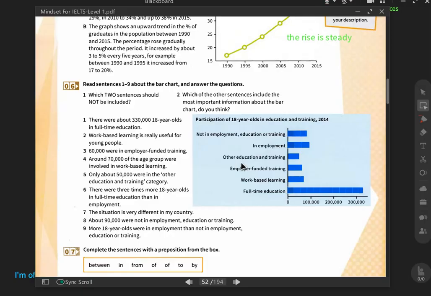Oh, really? Let me see. Participation of 18-year-olds in education and training, 2014. There were about 330,000 18-year-olds in full-time education. So full-time education. Why don't we need it? It's a figure. Of course we need it. That's really important. Why?